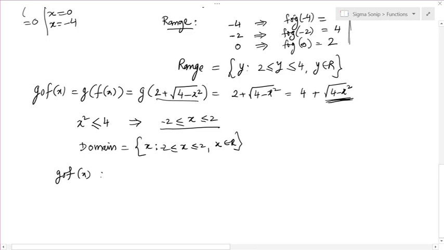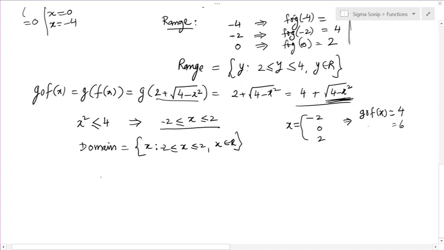Or if you want, I can explain that as well, so it won't take long. I'll put these values of x, and then I find the value of g of x. When I put minus 2 here, it becomes 0, so your value is 4. When you put x equal to 0, you're only left with 4, take a square root, it becomes 2, so this equals 6.